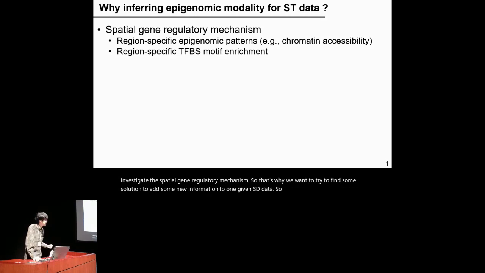Here we want to add some epigenomic information. In this way, we can investigate region-specific epigenomic patterns, for example, spatial chromatin accessibility patterns or some histone modification. We can also check region-specific TF binding site motif enrichment, and then combine this information with the spatial gene expression information, and we can make a more comprehensive understanding of this spatial data.